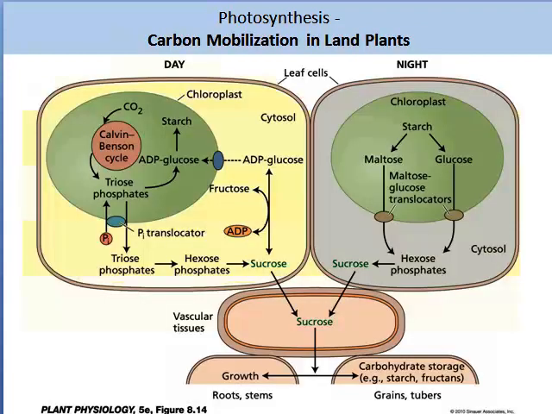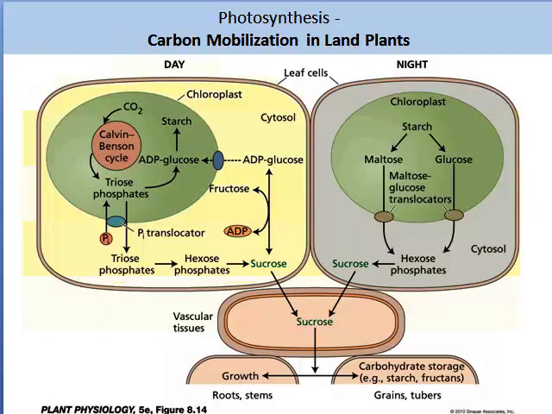The figure on the screen in front of you is from the recommended reading on plant physiology, figure 8.14. What it shows is the different structural components and where the different sugars involved are synthesized. You will see during the day that starch is a product of the Calvin-Benson cycle, as we've discussed in some detail.